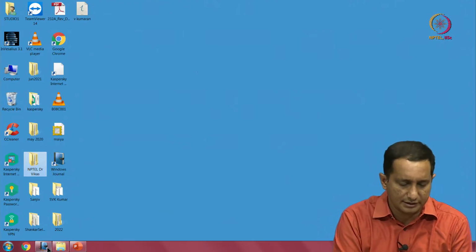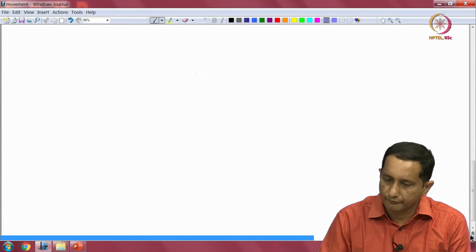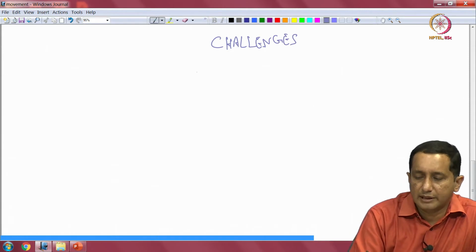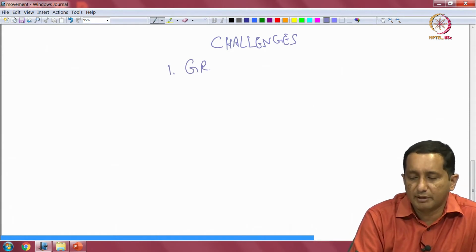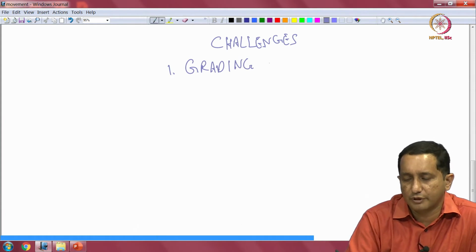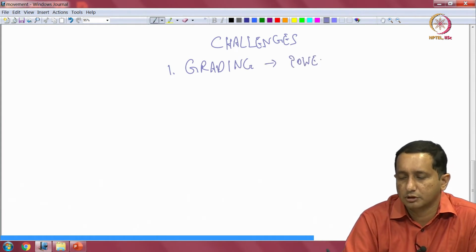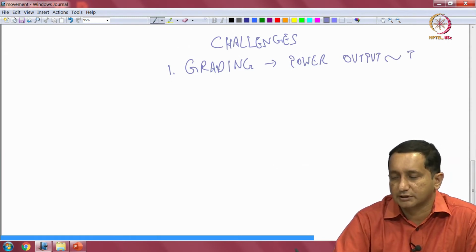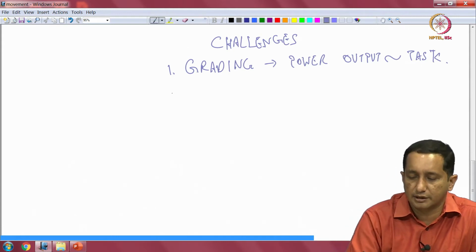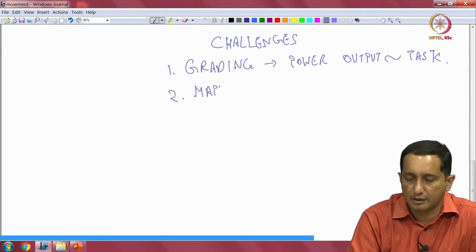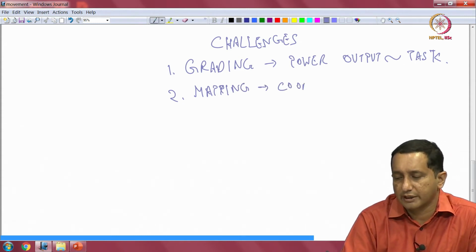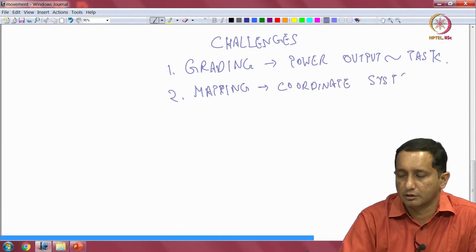So, challenges. One is, I have spoken about grading the power. You have to ensure there is a power output which is proportional to the task. There is a task, and then the second thing is mapping. That requires a coordinate system. Right.